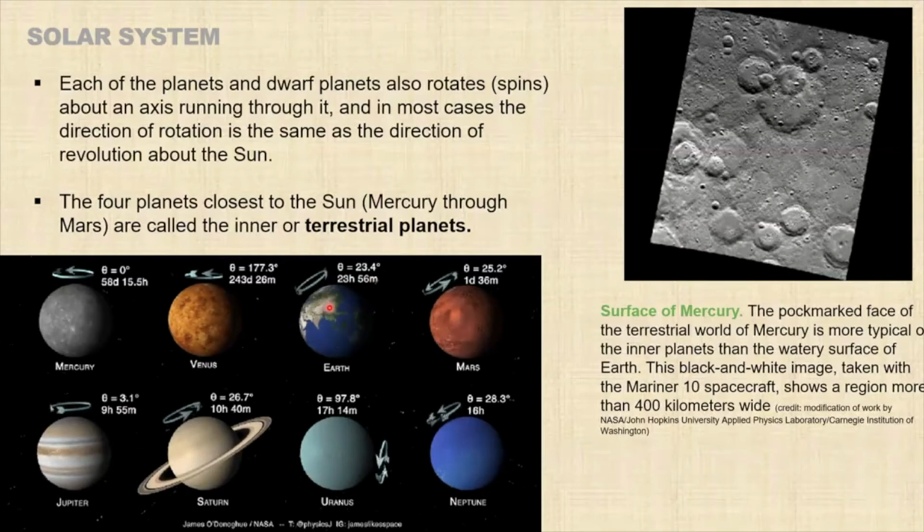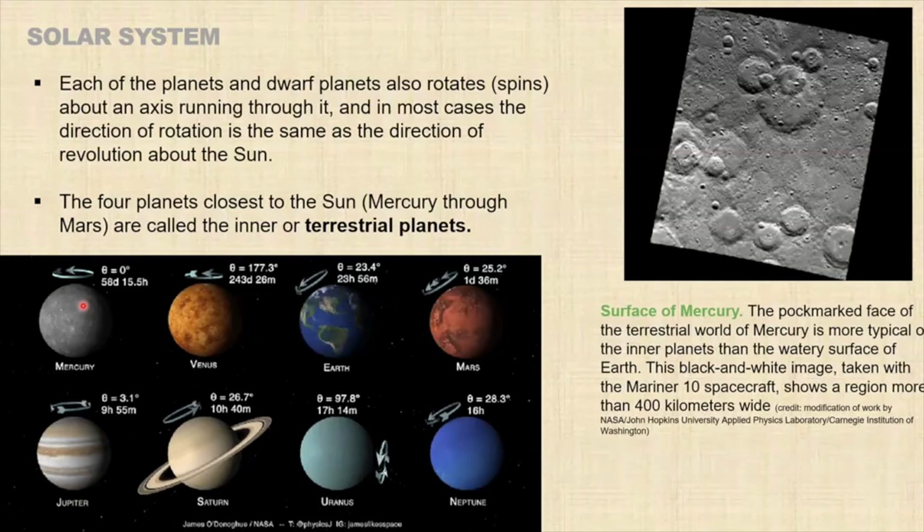Our Earth rotates in the same direction as its revolution. But if we look at other planets, some of them orbit in a very funny way. Mercury has a 0 degree tilt and rotates in the same direction as its revolution. We call this a prograde orbit.